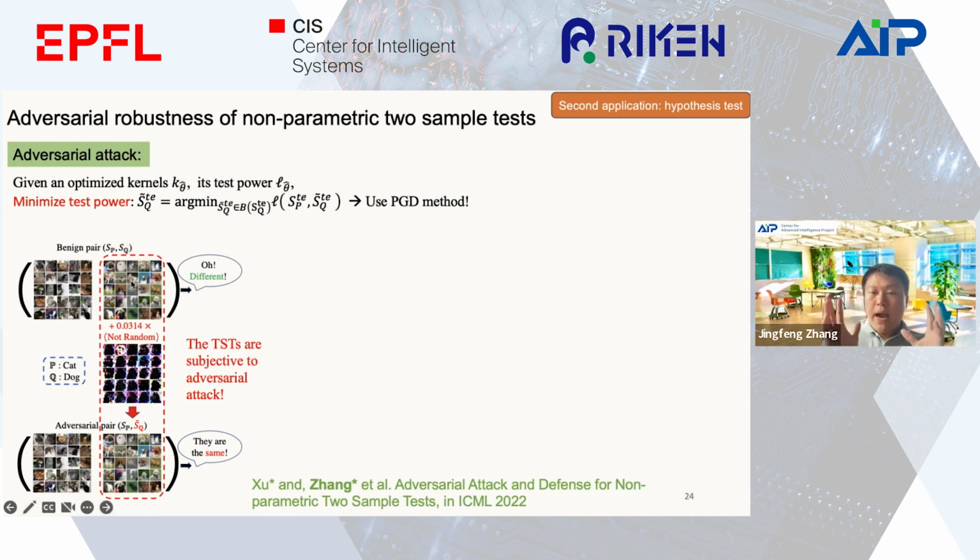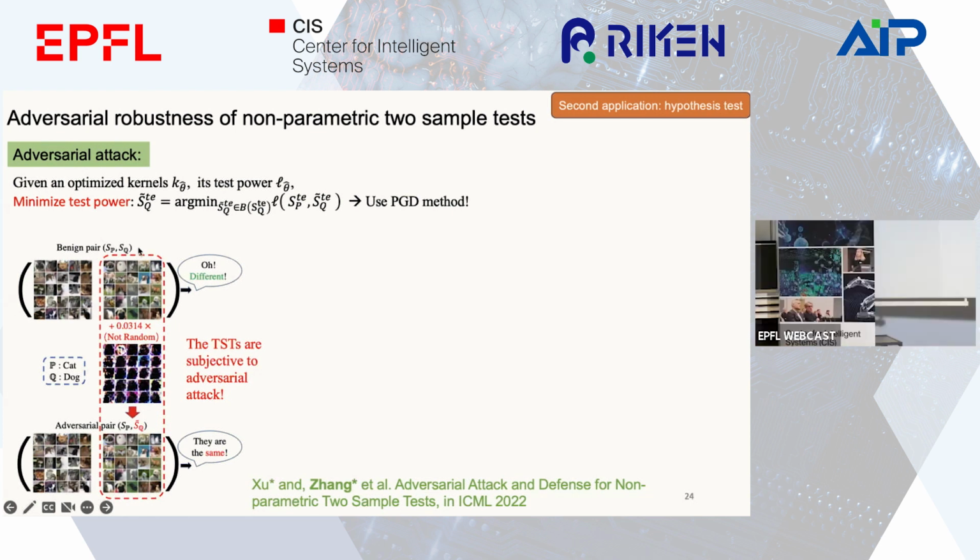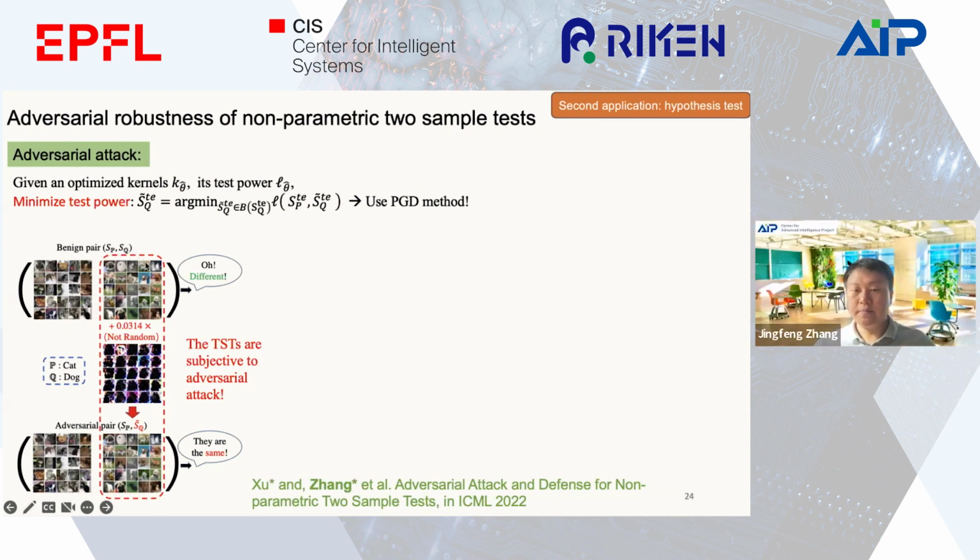The non-parametric two-sample tests can correctly differentiate the benign pairs of cats and dogs coming from different distributions. But they will wrongly judge the adversarial pairs as coming from the same distribution. Almost all the two-sample tests think this dog and cat come from the same distribution. Clearly, this is wrong.